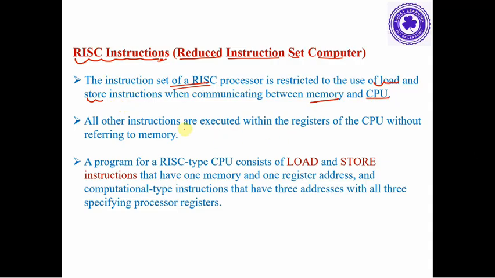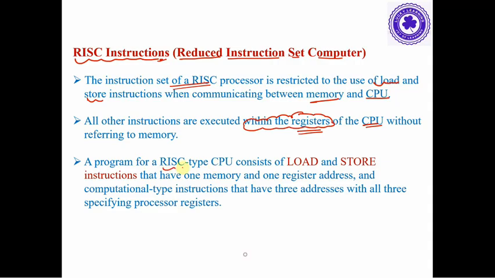And all the other instructions are executed within the registers of the CPU. Previously, we have seen instructions executing directly on data stored in memory. But with RISC instructions, the operands must be brought into the CPU registers, and only then can it perform the operations.